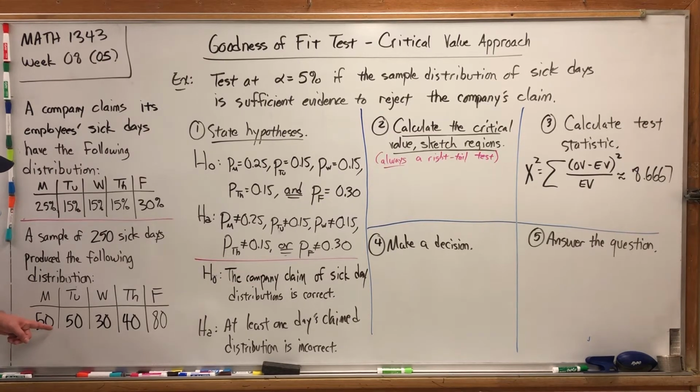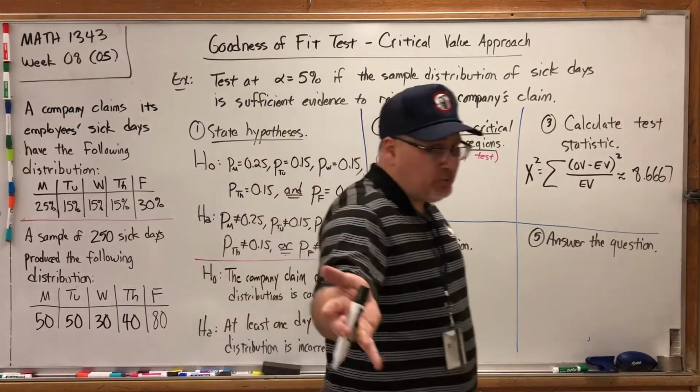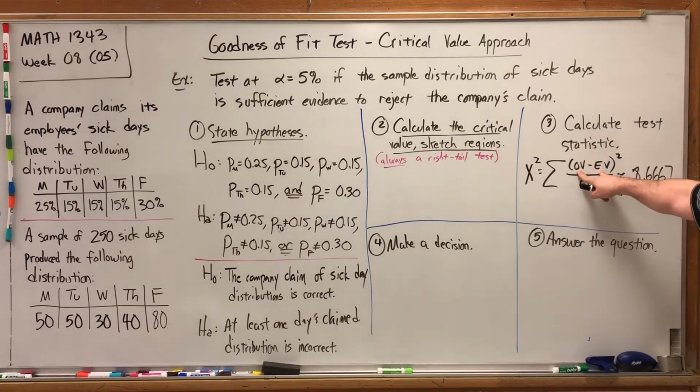But if our sample was in perfect agreement with our proportions from our claim in the null hypothesis, then what we observe would exactly match what we expect. Now, if what we observed exactly matched what we expected, what would the answer to the subtraction problem always be? 0.